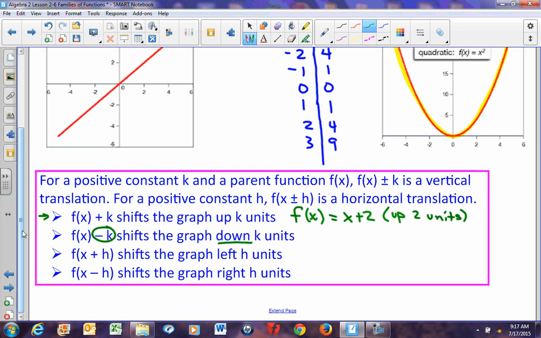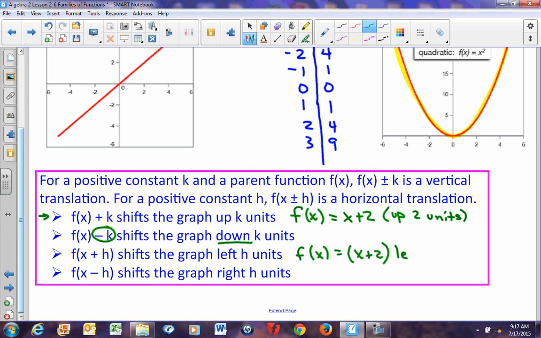Now, if everything is in the parentheses, if you have f of parentheses x plus h, okay, so if I have f of x equals parentheses x plus 2, and everything is in the parentheses, this will go left 2 units.